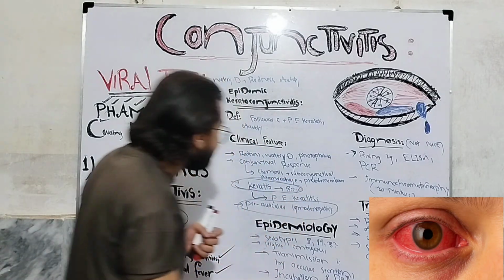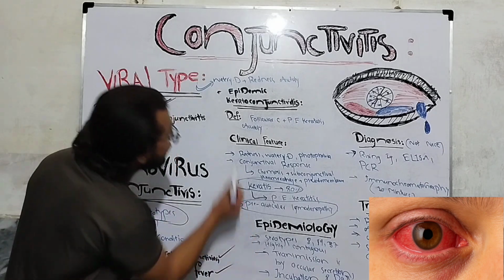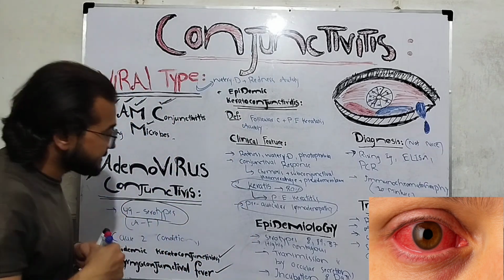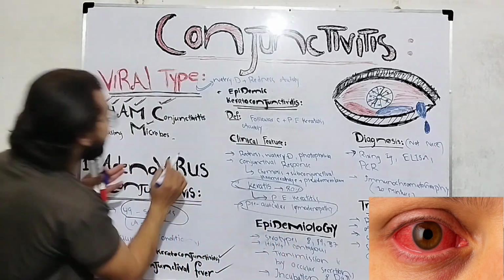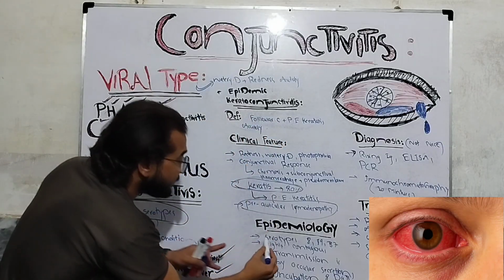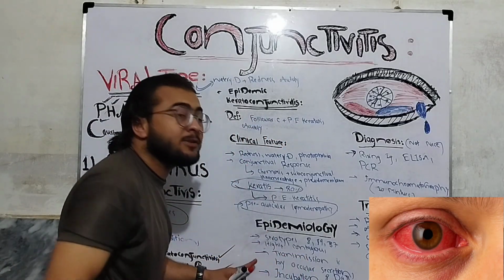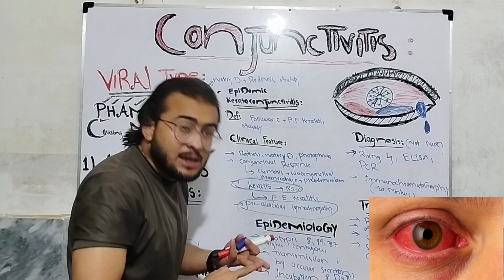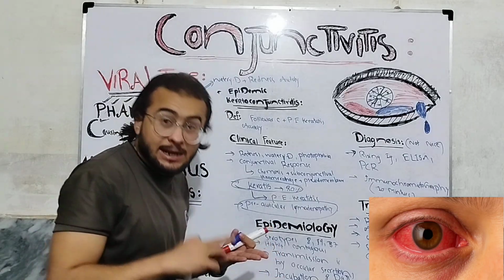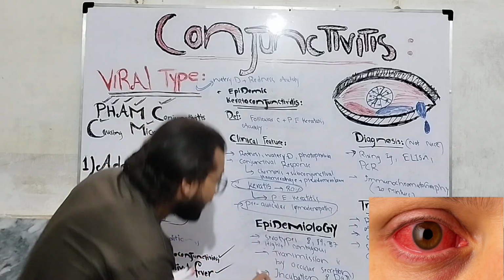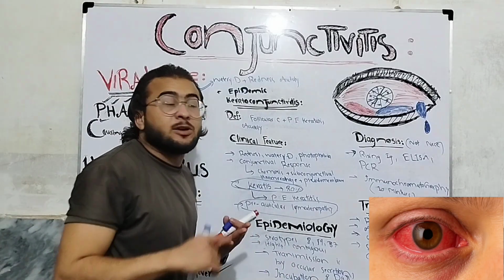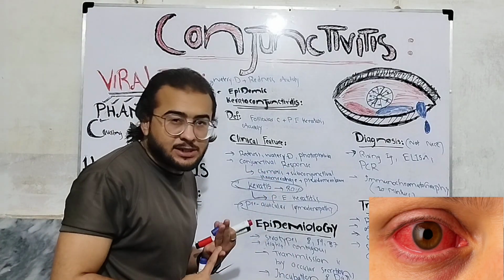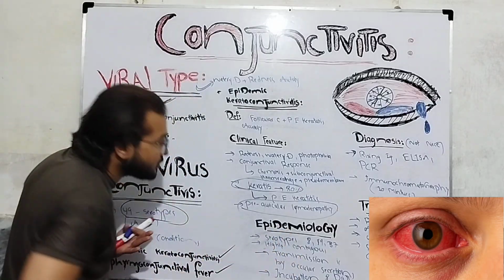Now the epidemiology: epidemic keratoconjunctivitis is mostly caused by serotypes 8, 19, 37. It is a highly contagious disease. Its incubation period is about 8 days, and it can be transmitted from person to person by ocular secretions.